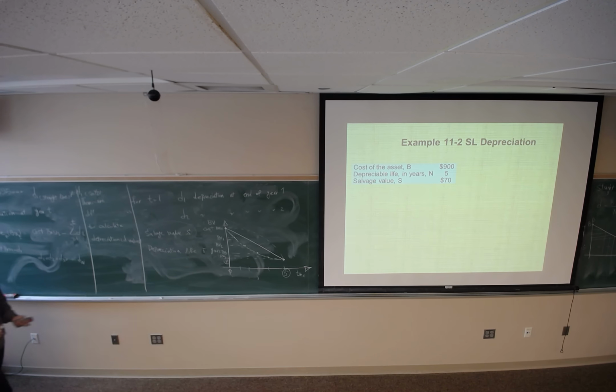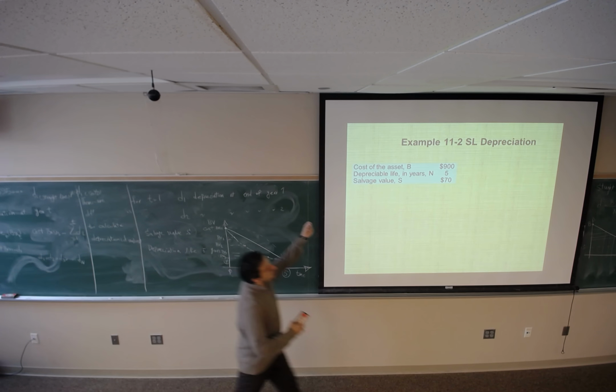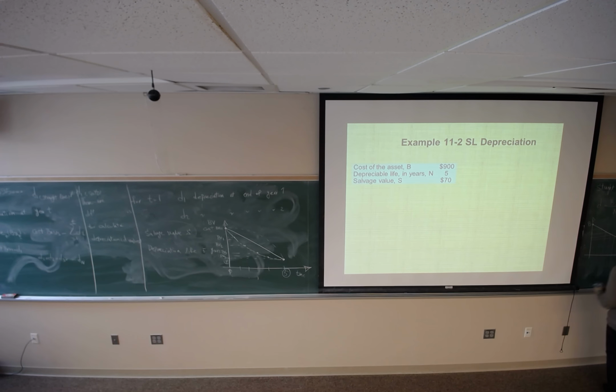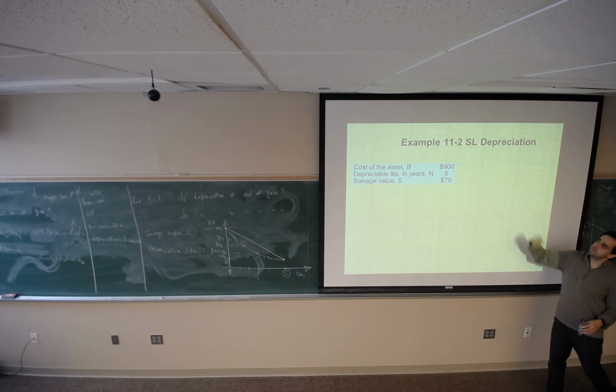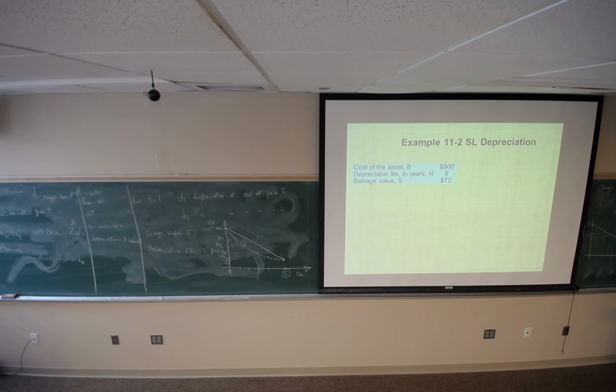For example, if the cost basis B is 900, and after 5 years the salvage value is 70, it's basically 900K and 70K.